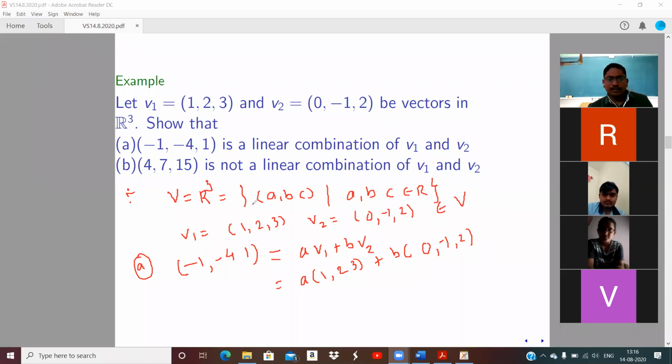Is scalar K from the field only? Yes, scalars are from the field. Whenever you write terms like a into U, K into V, in vectors we do not write multiplication.